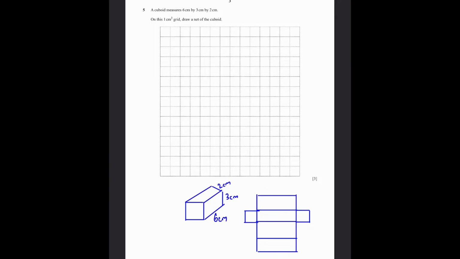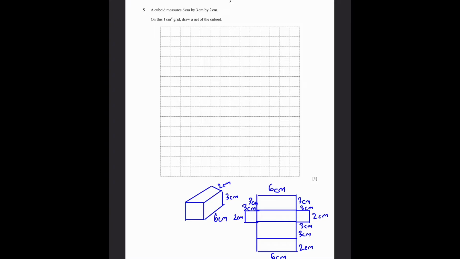Now let's write the values. 6 centimeters here, 3 centimeters, 2 centimeters, also 3 centimeters here on this side as well. And then there's 2 centimeters here, 3 centimeters here, and the 6 centimeters at the bottom as well. Here is also 2 centimeters. And that's pretty much the full scale drawing, and now we just have to draw it perfectly on this grid.